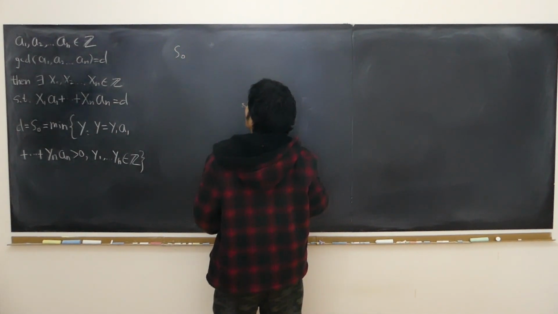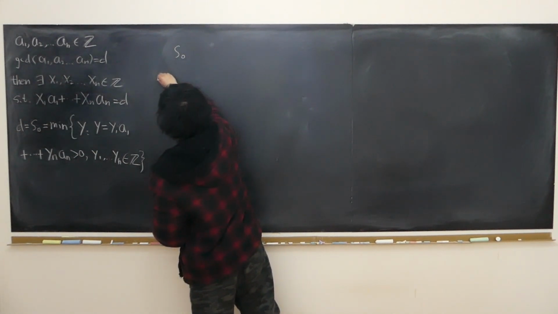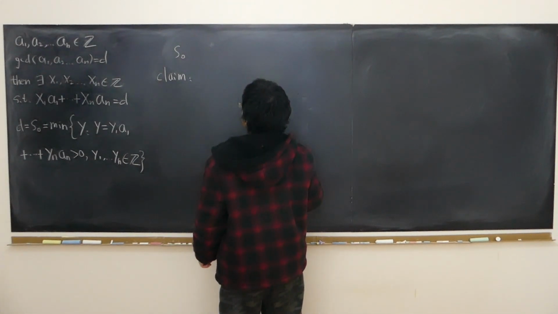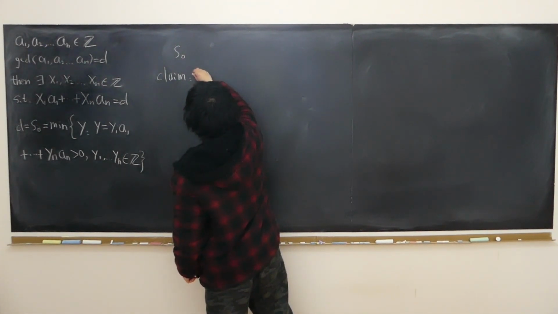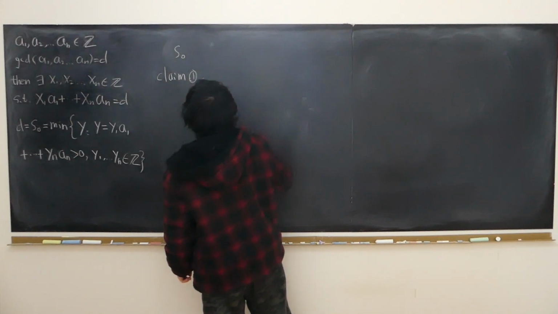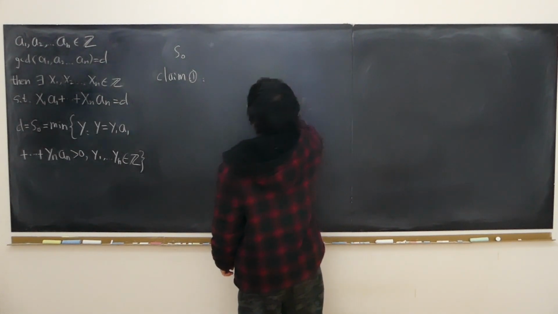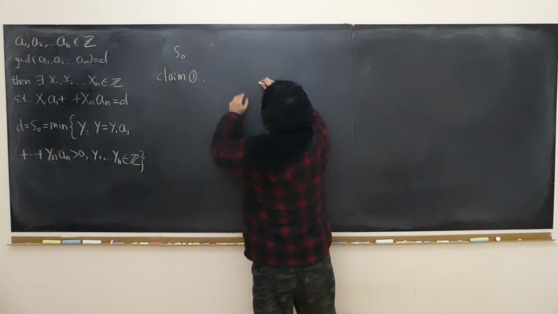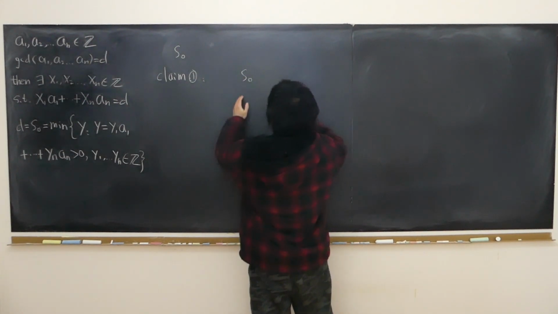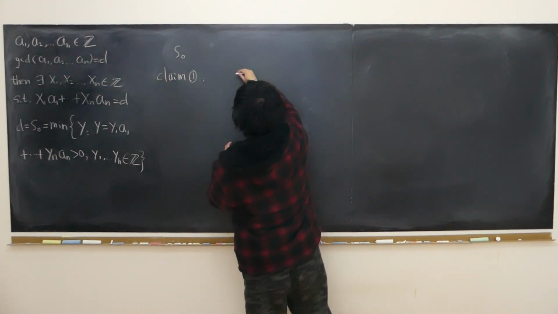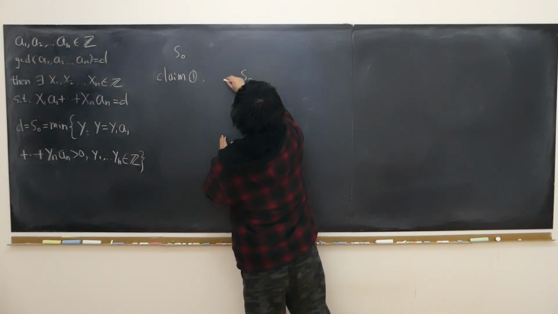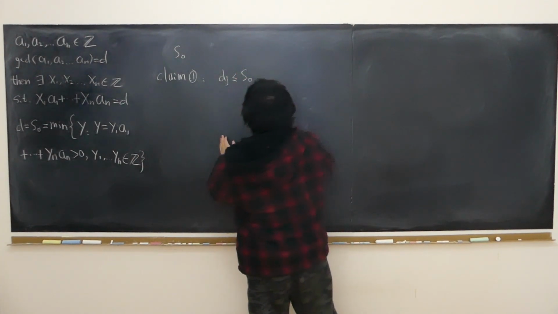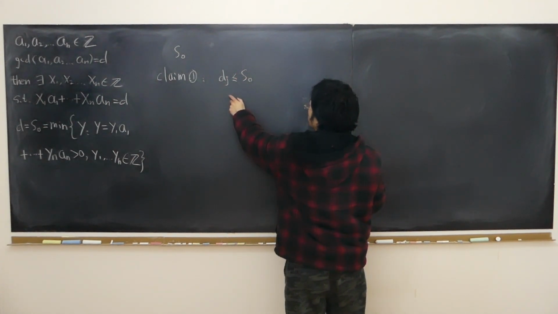So I have two jobs. First, I want to claim, that's my claim number one, that S0 is my greatest common divisor. In other words, I want to show that dj is no larger than S0.